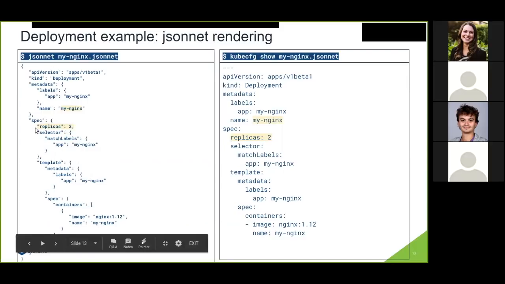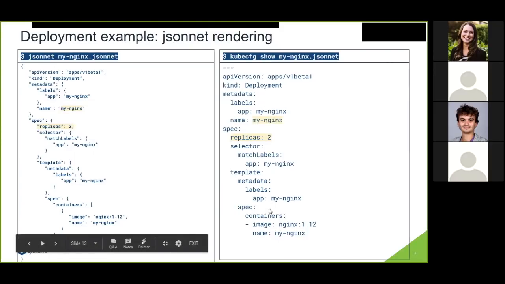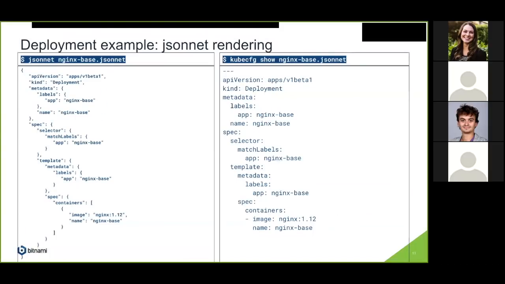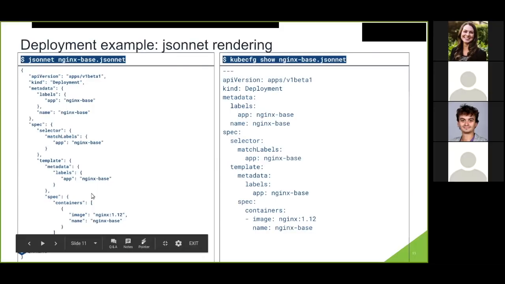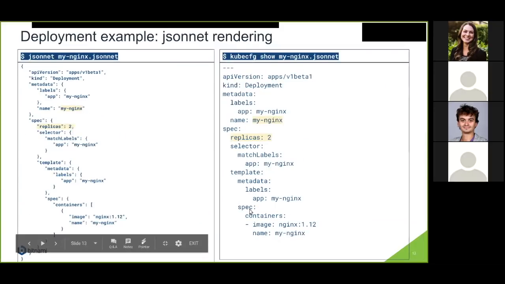And also, of course, the replicas overloading. And the same in the YAML output provided by kubecfg show. I'm going back just to show the difference, just to recall: this was the original one, where you can see nginx base everywhere with no replicas. And now we have this overloaded by this.